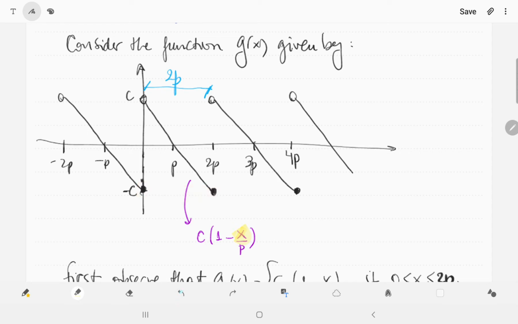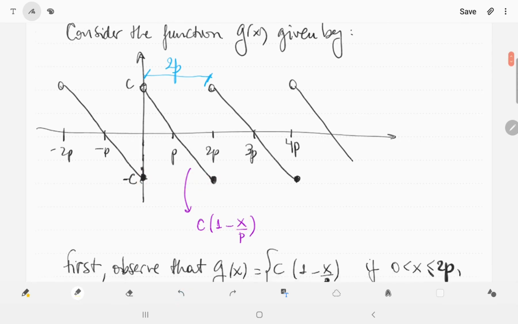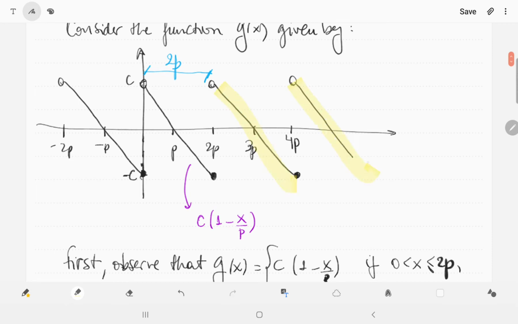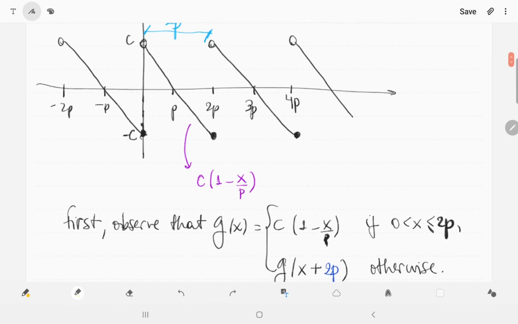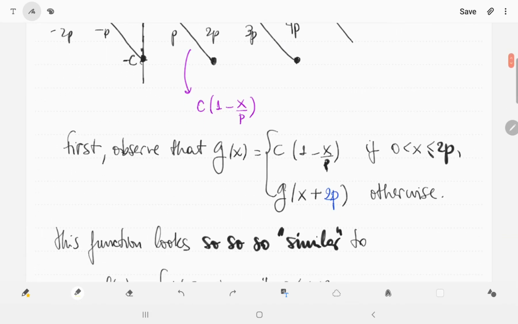Then, since this is a periodic function, it repeats itself outside of this interval of length 2p. So here we have the description of the function and the period, which here is 2p.